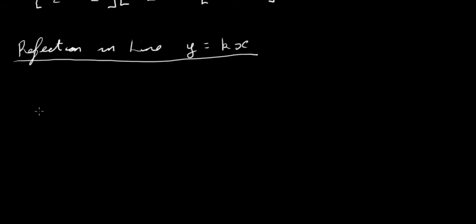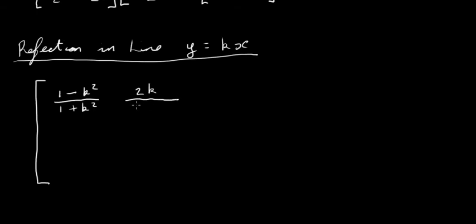So the matrix that you're going to use this time will look like this. Our value here is going to be 1 minus k squared over 1 plus k squared. Again, don't worry where this has actually come from. Over here we've got 2k over 1 plus k squared.